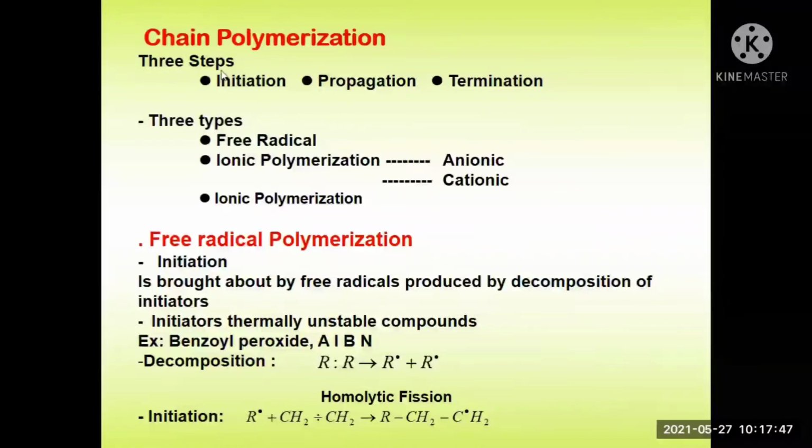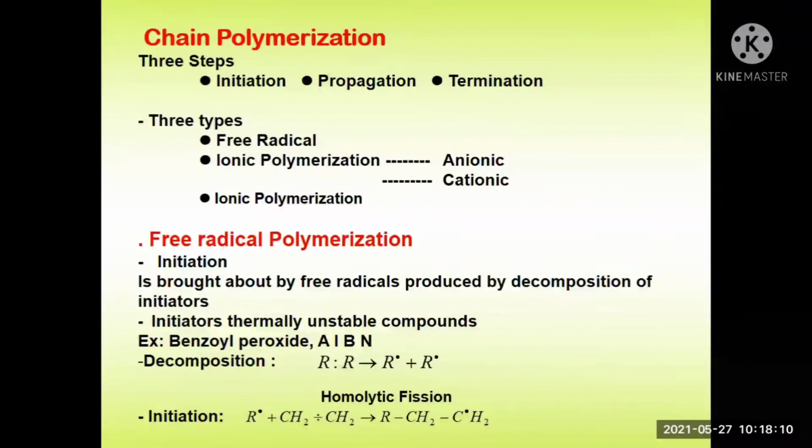Now, all chain mechanisms can again be classified as free radical chain mechanism or ionic polymerization, that is anionic and cationic. In free radical polymerization, the polymerization takes place through a free radical intermediate.